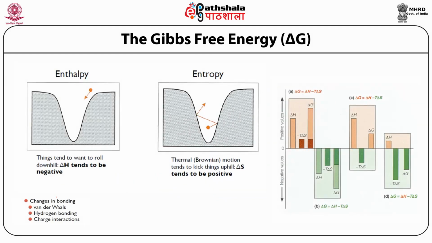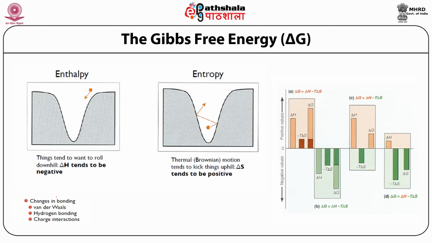Here we try to explain the Gibbs free energy. Again, the Gibbs free energy depends on either the enthalpy or the entropy, so both terms are shown here. For the enthalpy, things want to roll down the hill, so delta H tends to be negative, and it depends on van der Waals interactions, hydrogen bonding, and charge-charge interactions.